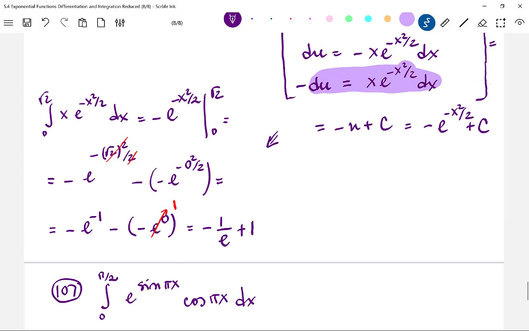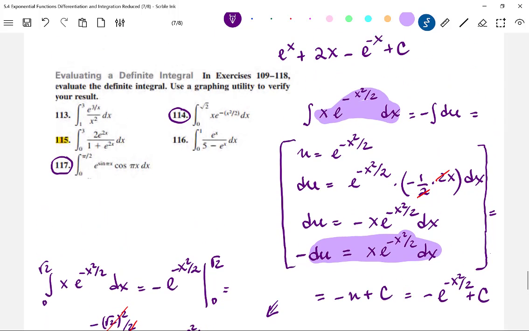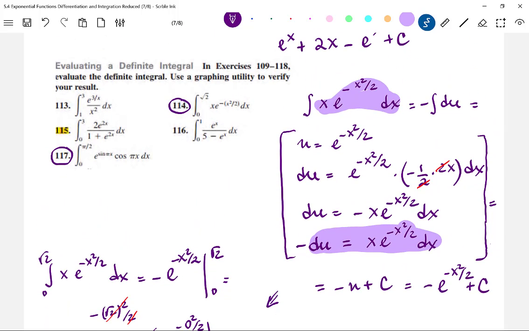I forgot to mention for the previous example, I did take u to be the entire e to the negative x squared over 2. Some may have wanted the u to be just the x squared over 2. That's fine, you are going to receive the same result.